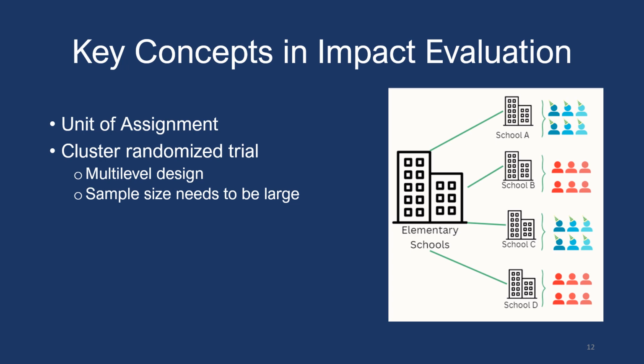So in this case, for example, it could look like this. School A, their grade 6 class receives the intervention. So does School C. Their 6th grade class also receives the intervention. School B and School D here are our control. The 6th grade classes at each of these schools will not receive the intervention.